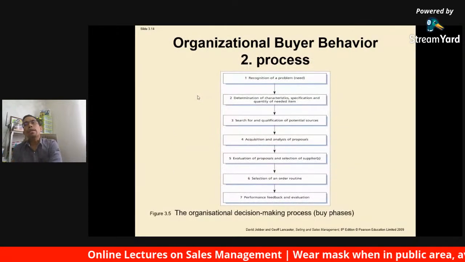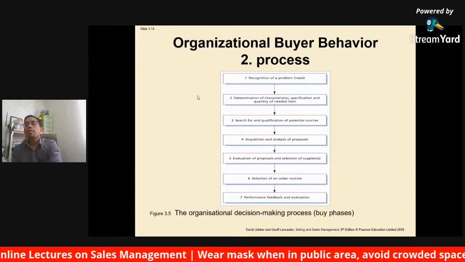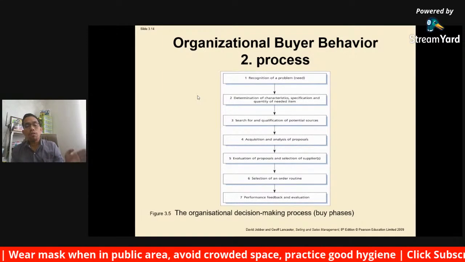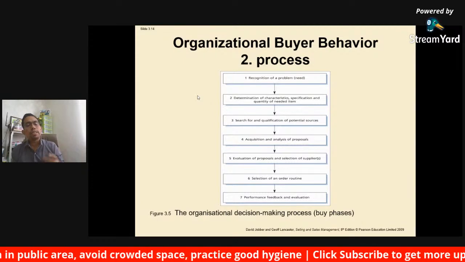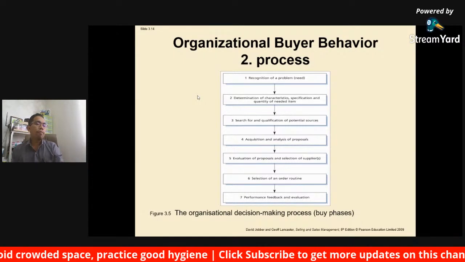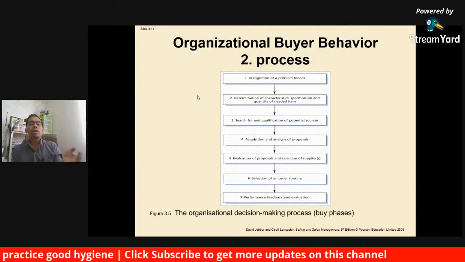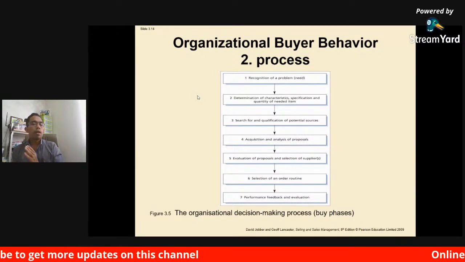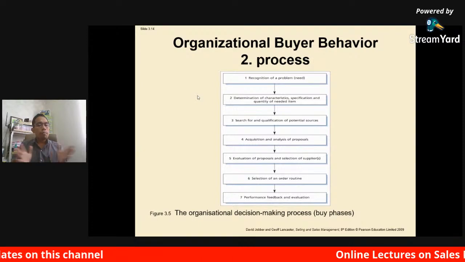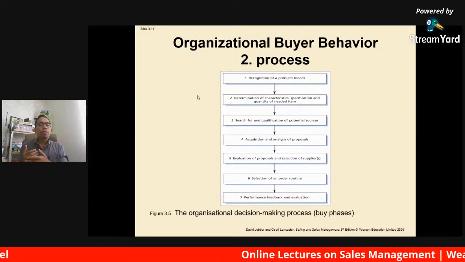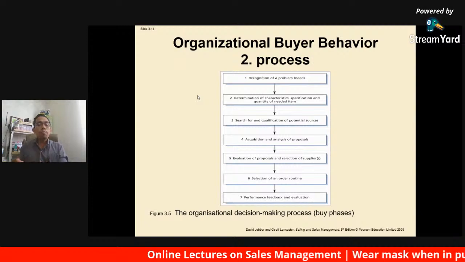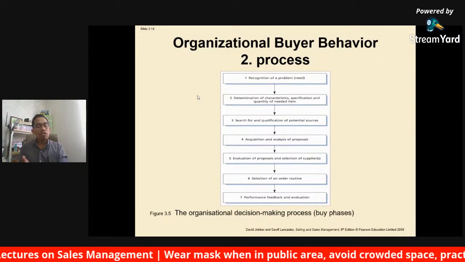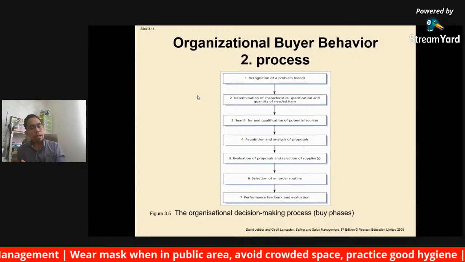So the second is the process. There are 7 stages, compared to the normal consumer or end consumer, like us. Normally we go through only 5 stages, but for business it is more than 5. It requires 7 stages. Why so many processes? Because who will be responsible for the loss from the decision made by the company?